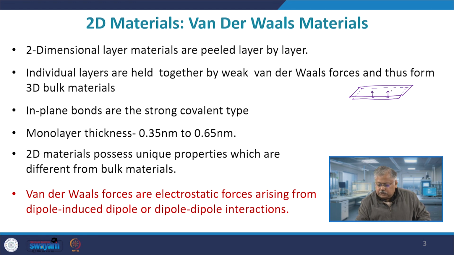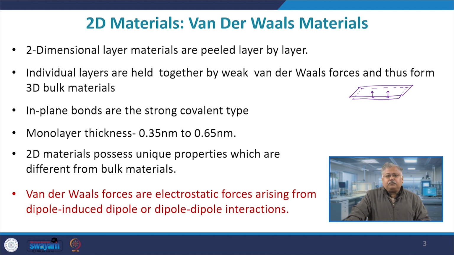These individual layers are held together by weak forces, and this force is basically known as the van der Waals force. And therefore the in-plane bonds are much stronger as compared to the orthogonal bonds, which are basically pz orbitals.